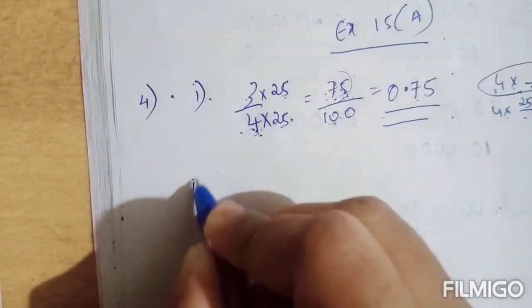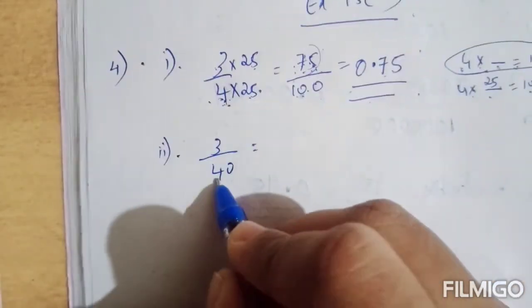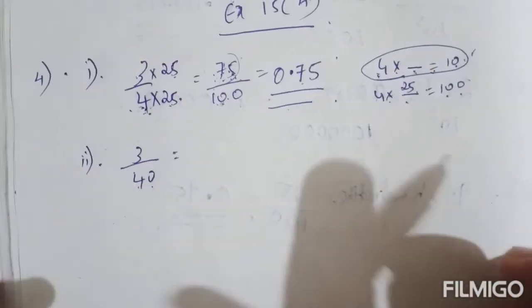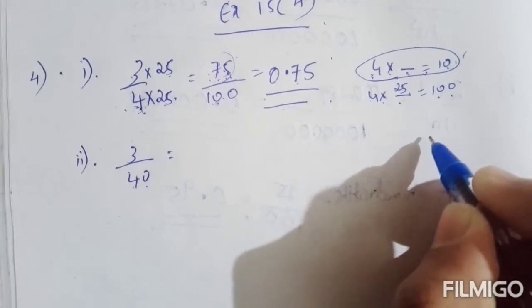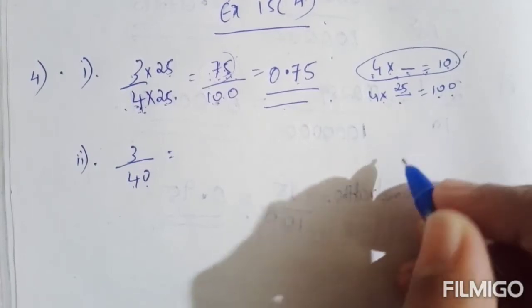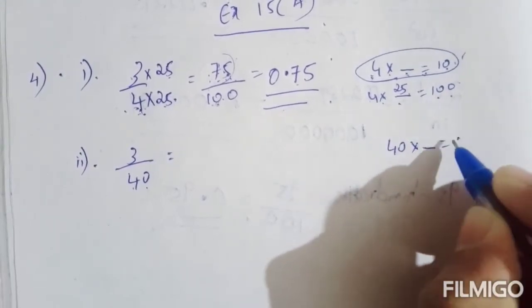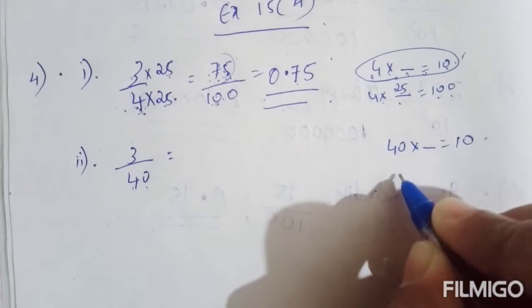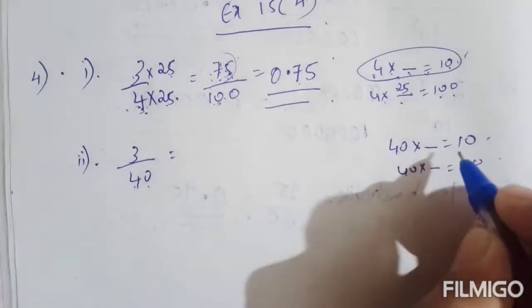Next, second one, 3 by 40. Here the denominator is 40. So check: 40, we can't convert that to 10. 40 into any number, we will not get 10. 40 into any number, we will not get 100 also.